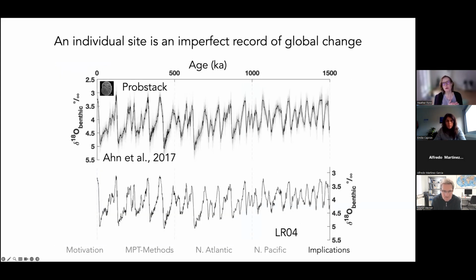So this is one of the challenges with looking at an individual site and using it as indicating a full global history. And that brings us back to the power of stacking these kinds of records. When you use a stack like the LR04 benthic stack, you're essentially averaging out these regional differences to get to this more global signal, or a record of global change.